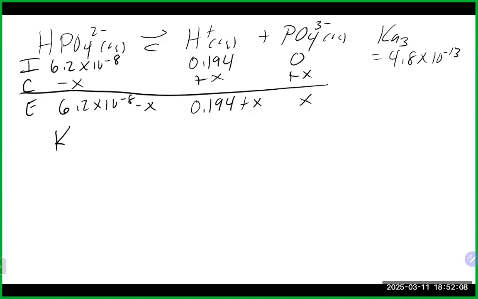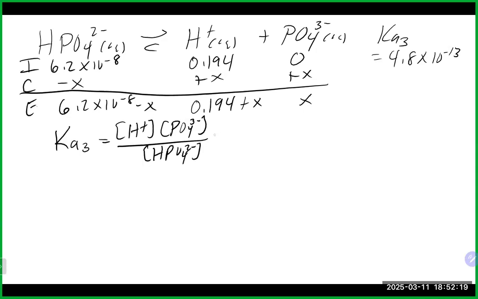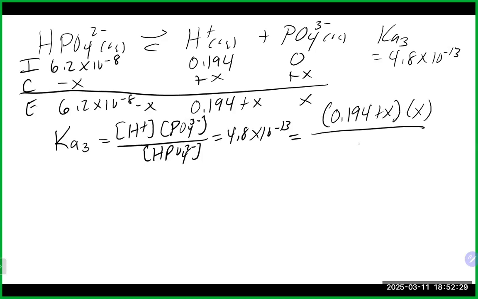This is going to go into our Ka3 expression, which is our products divided by our reactants, and that will equal 4.8 times 10 to the minus 13. All right, here we go. 0.194 plus x times x divided by 6.2 times 10 to the minus 8 minus x.